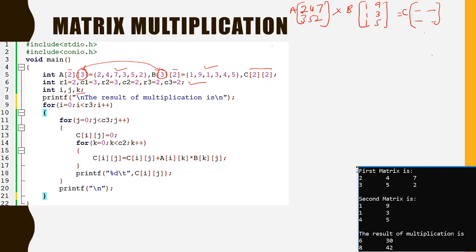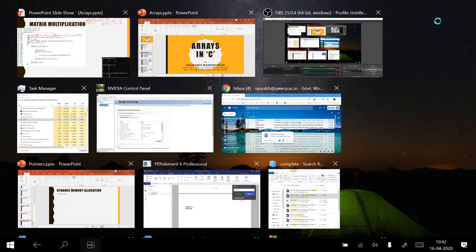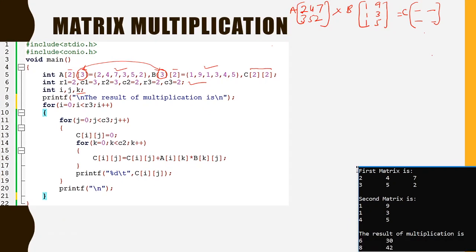So there would be 4 elements. So if I take C 0 0, I want to estimate it. First, I would write it mathematically. Mathematically, what you do is multiply the whole row of the first matrix with the whole column of the second matrix and do an addition, right?